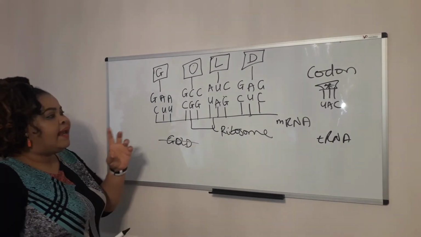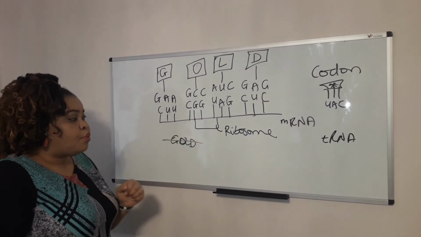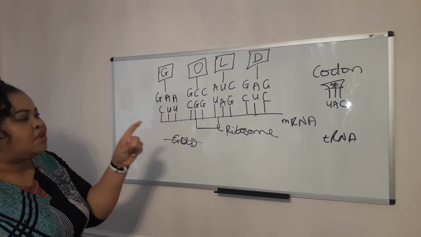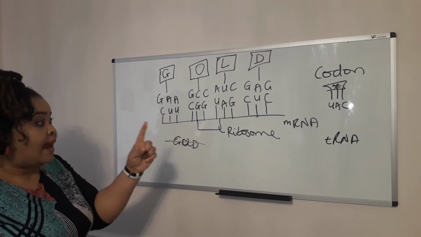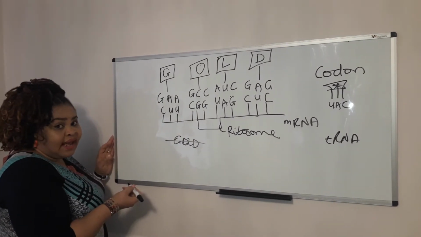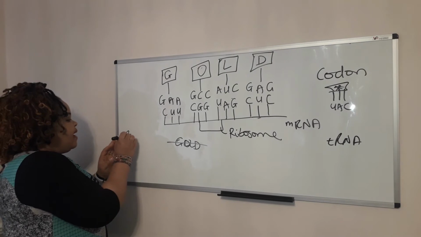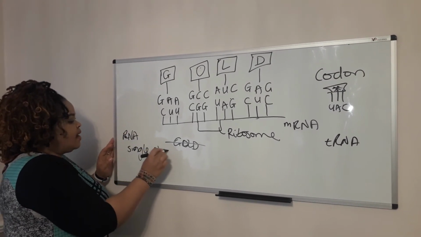Now, just to quickly conclude how DNA produces protein, I told you I was going to tell you the difference between a DNA molecule and a messenger RNA. The quick difference is that DNA is double-stranded, like I told you, but RNA has a single strand. All right, single strand.